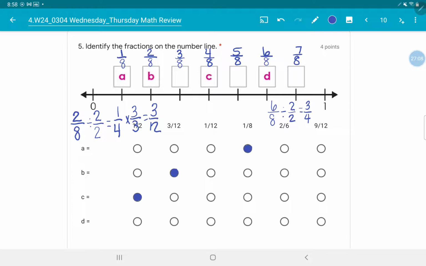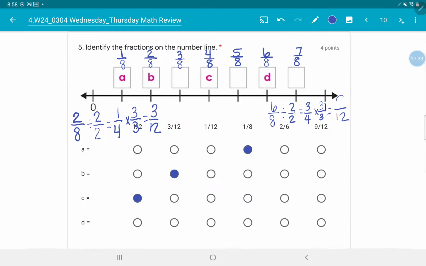We already said up above that if we multiply 4 times 3, that gets us to 12. So 3 times 3 equals what? 9. So 6/8 is equal to 9/12.